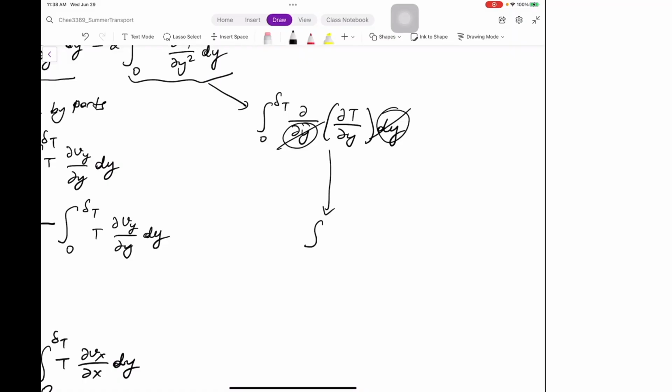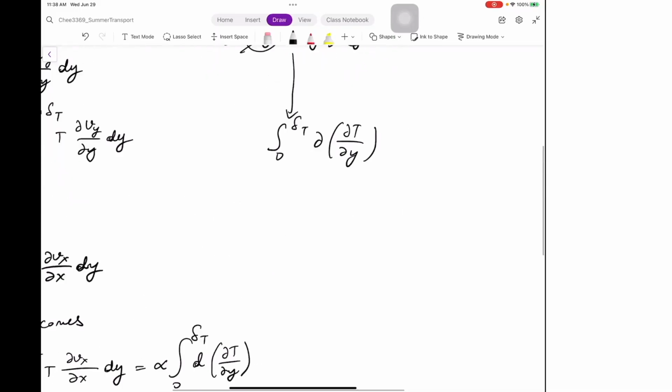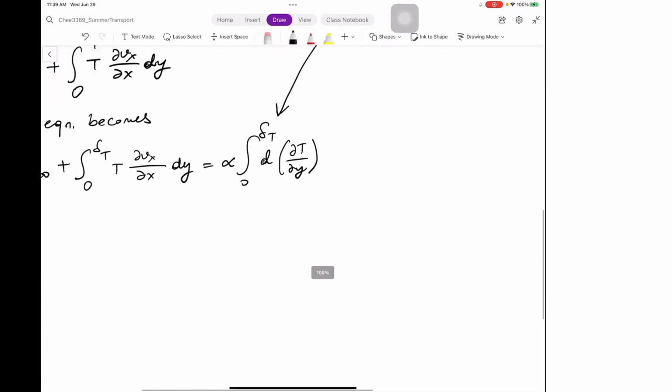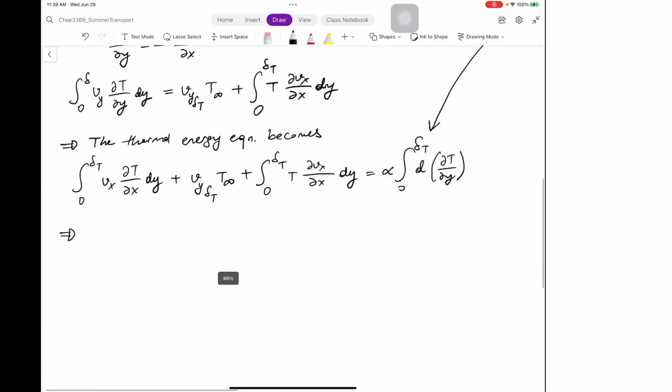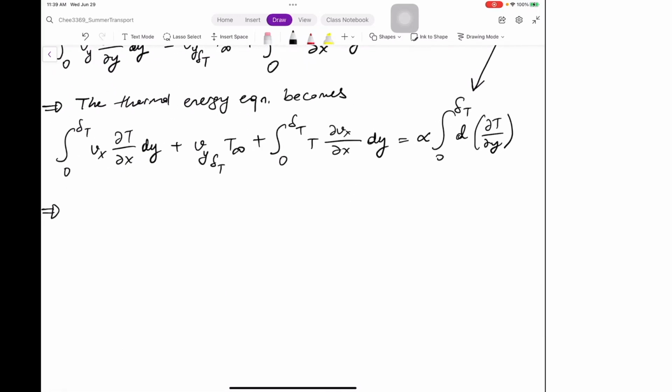And so you get del T over del y evaluated from 0 to delta T. It's like you're integrating, it's like the integral of dx. Is that clear? Yeah, that's clear, but it's just because you have regular d, not del. Yeah, because x is not changing, it doesn't matter. I'm integrating over the y-axis, so it should not be ambiguous. You can make it del, it doesn't matter, because I'm integrating over the y-axis without changing the x.